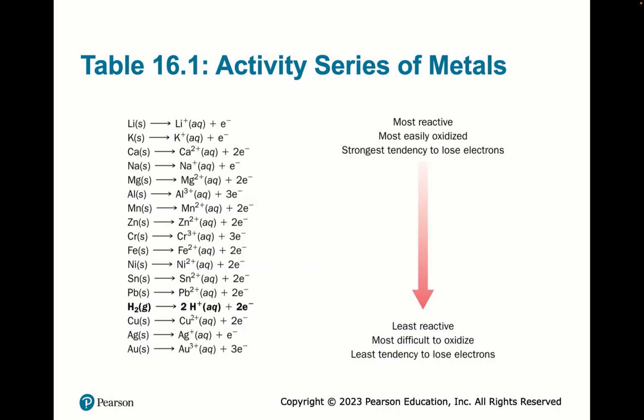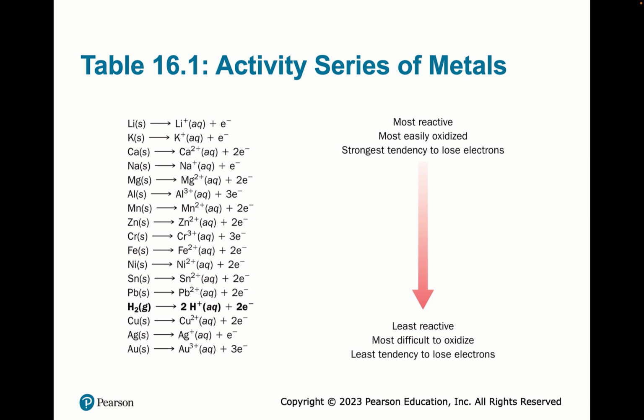Lithium is the most active of all the elements, and it's the most likely to be oxidized. Look at the bottom, gold. Gold is the most likely one to be reduced. So gold does not typically oxidize, but the gold ion is extremely reactive.